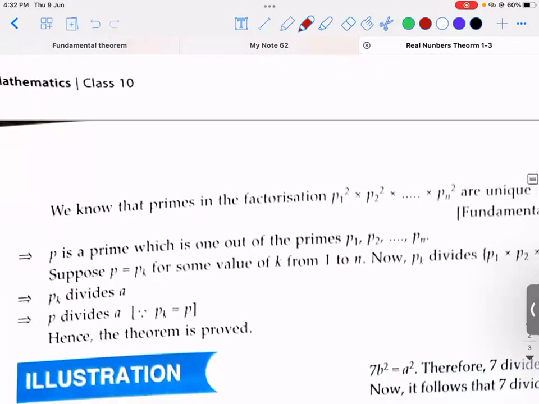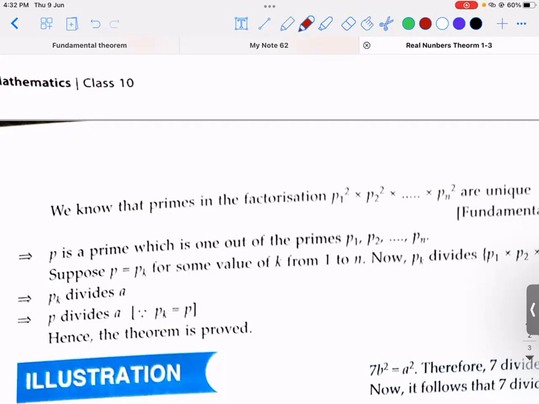Okay. Now comes another important term. Read this, the fundamental theorem of arithmetic. Please read the statement again. So P is a factor of P1 square into P2 square into so on to Pn square. Did you guys understand the previous step that I wrote? Now what does the fundamental theorem of arithmetic state?